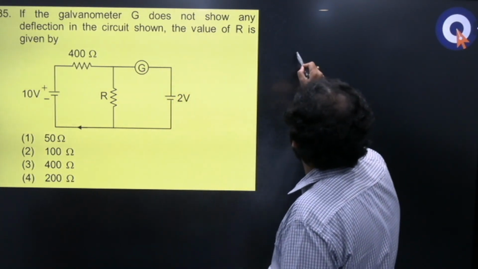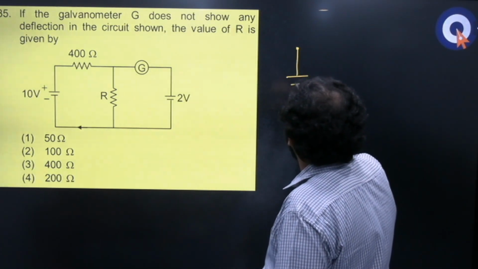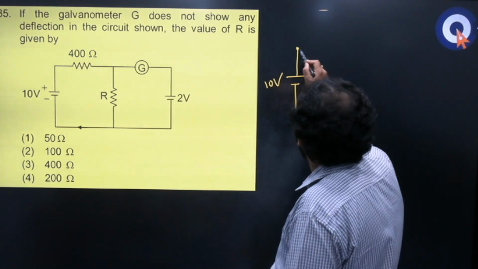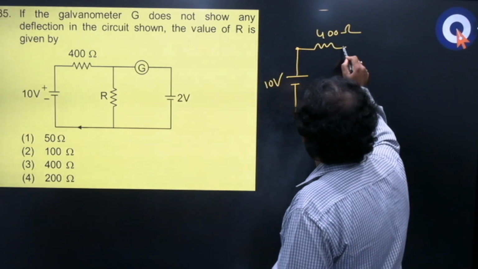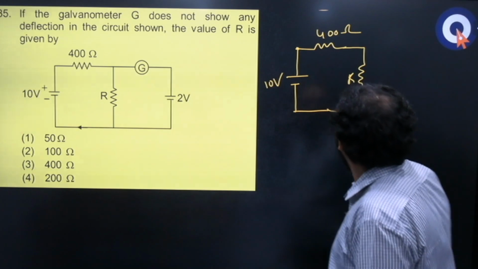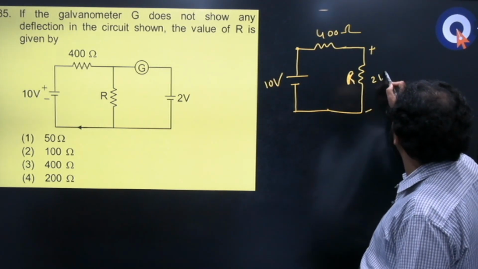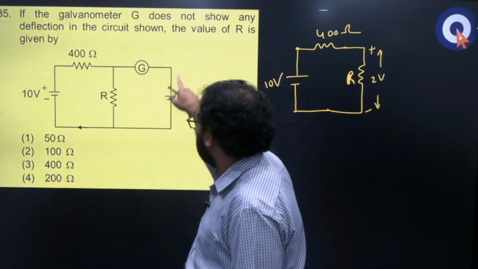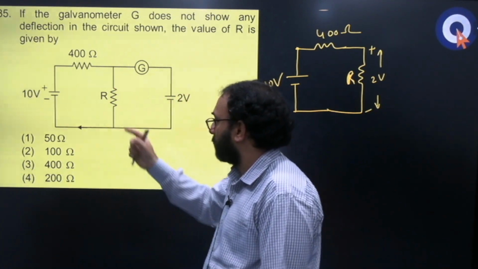But one thing is for sure, we can conclude that this battery has a potential of 10 volts applied, resistance is 400 ohm, and here this unknown resistance R. Across this unknown resistor, a potential difference of 2 volts is maintained. But how? This 2 volts and this resistance are parallel, so potential difference remains the same. Here 2 volts, here 2 volts across this.